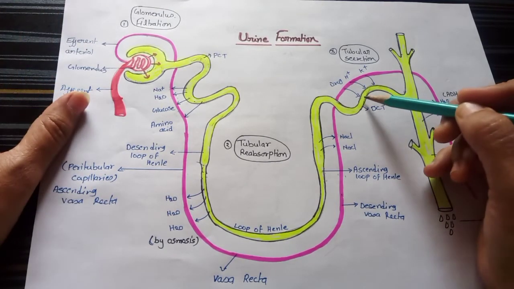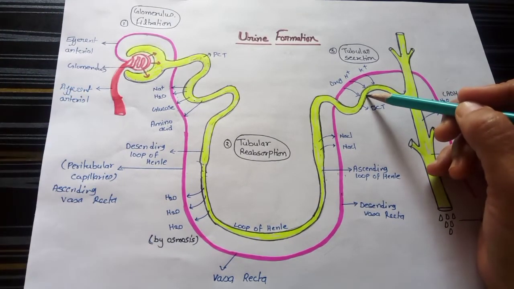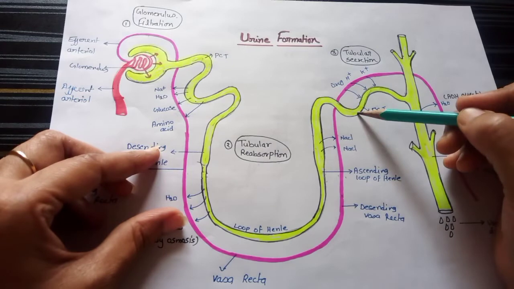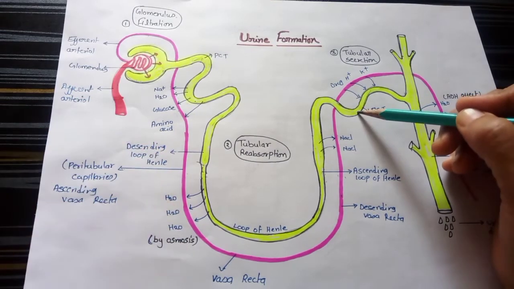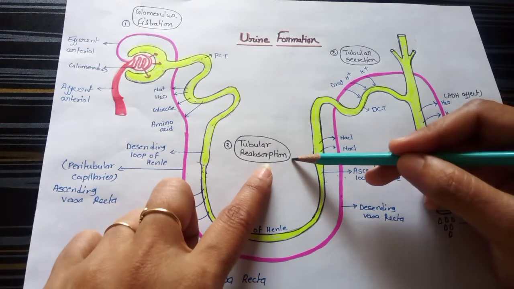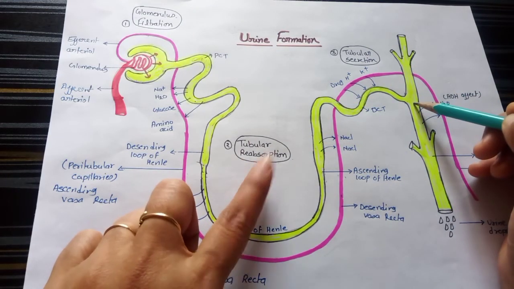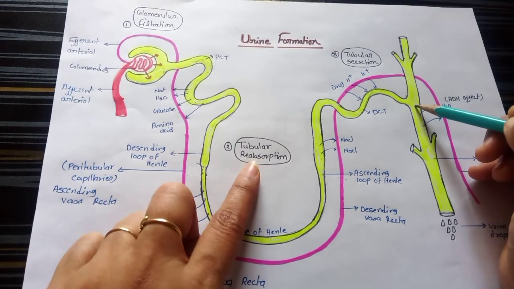So here it just reabsorbs the remaining water, remaining salt and other ions from the tubules. This tubule has formed the urine, so it shouldn't lose the ions which are important for our body, so we have to reabsorb them. So this process is called tubular reabsorption. Okay, now this filtrate enters the collecting tubule. So this second process is complete.